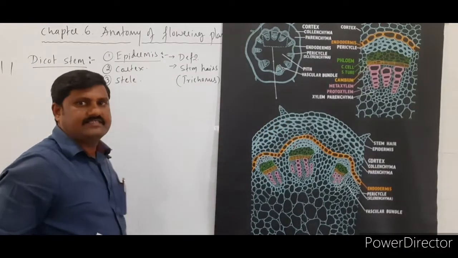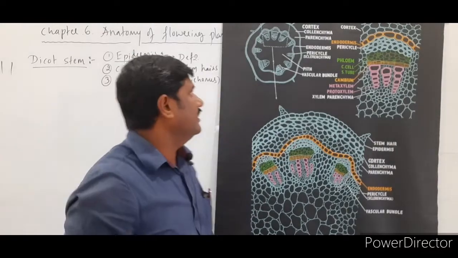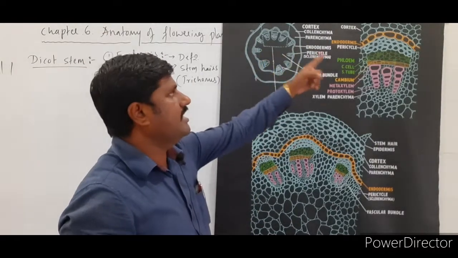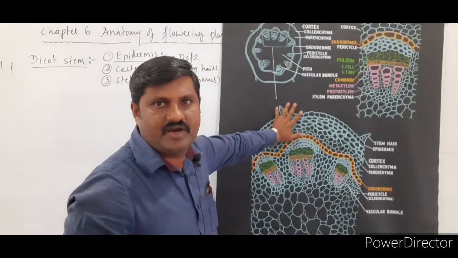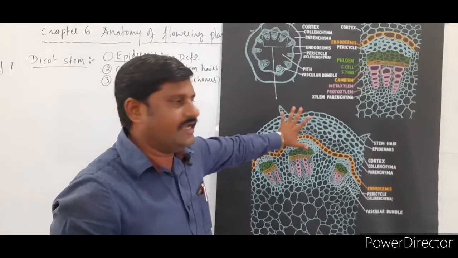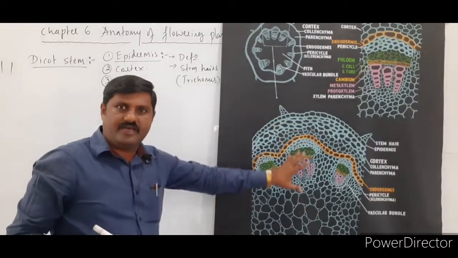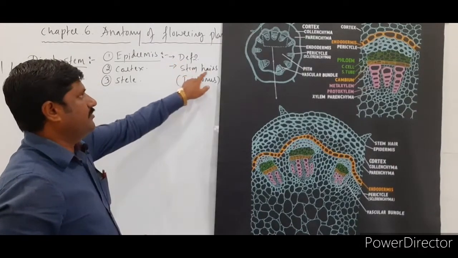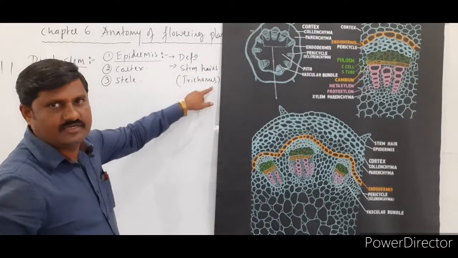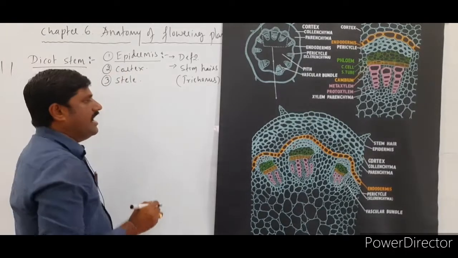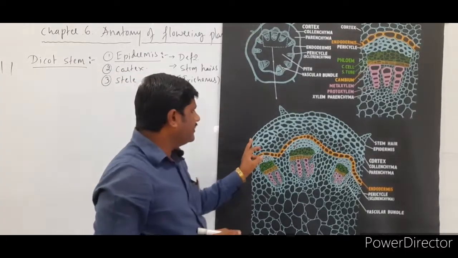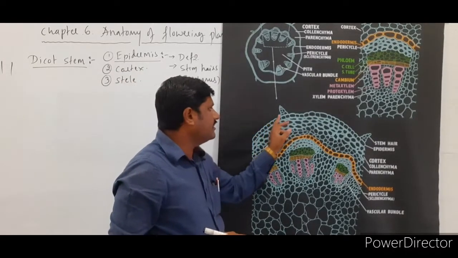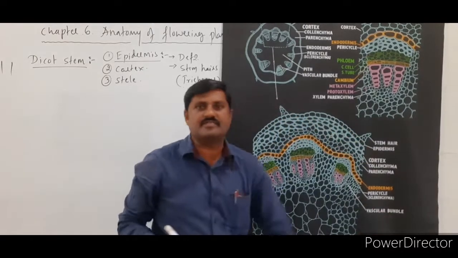The example I have taken here is Helianthus annuus. This is the stem of sunflower, which I am considering here. So, definition over, stem hairs or trichomes are present on the epidermis. And one more thing you must remember: on these cells a thick cuticle is present.